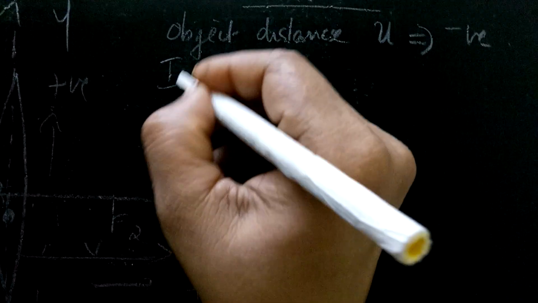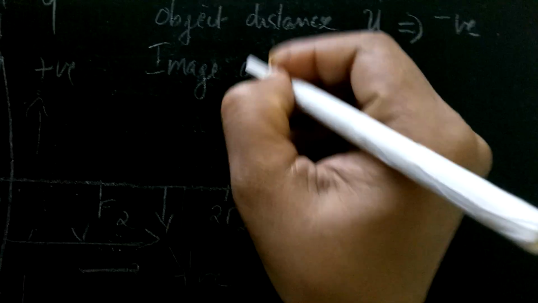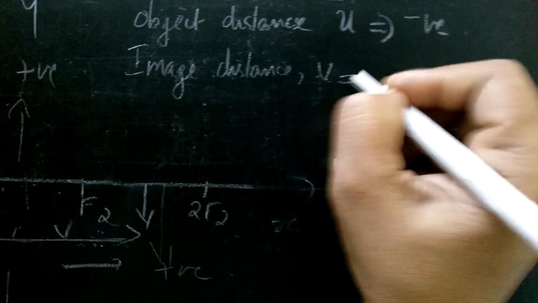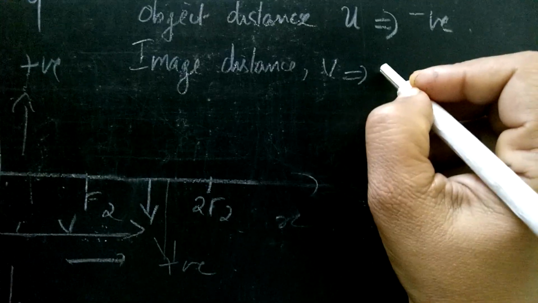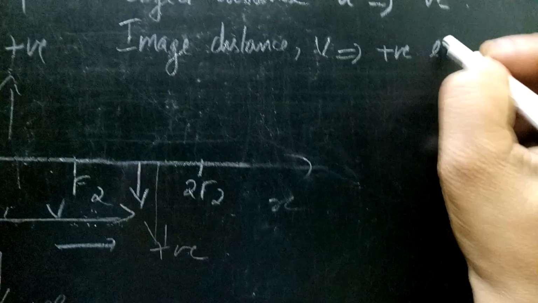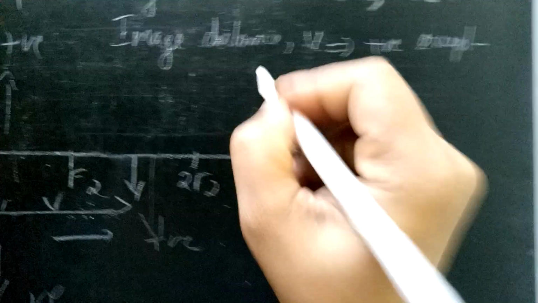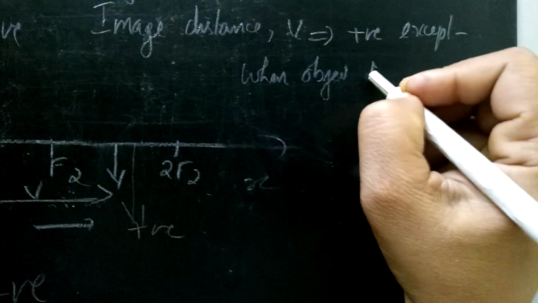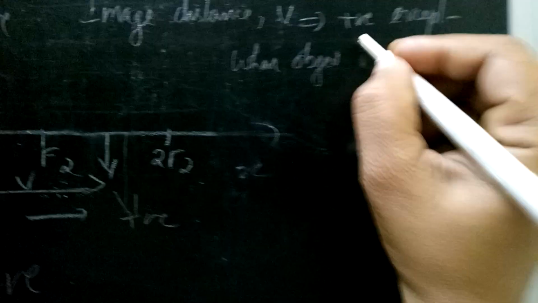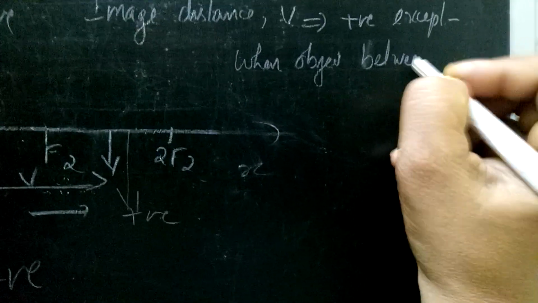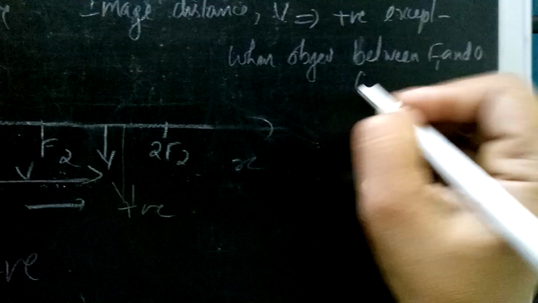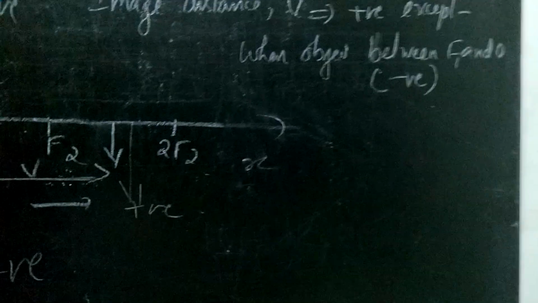Image distance v is positive, except when the object is between F1 and O. In that case it is negative.